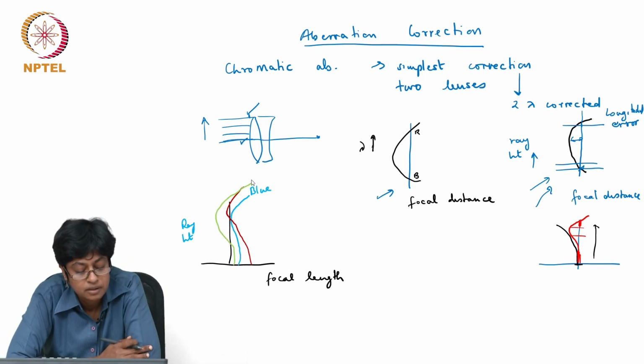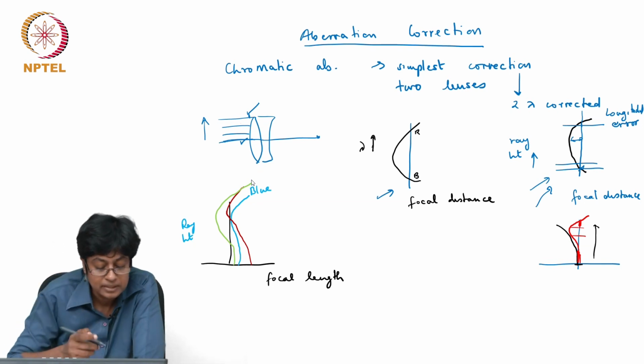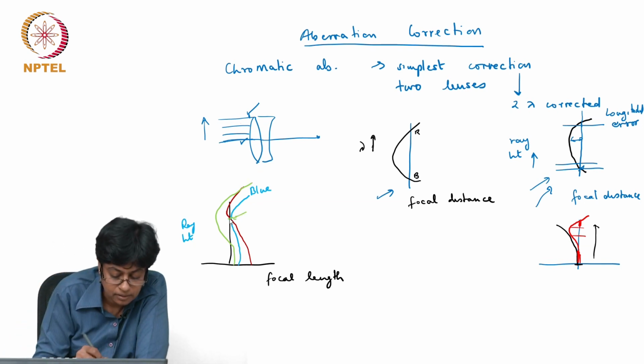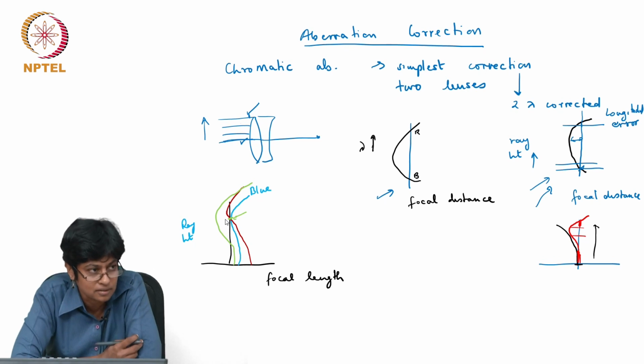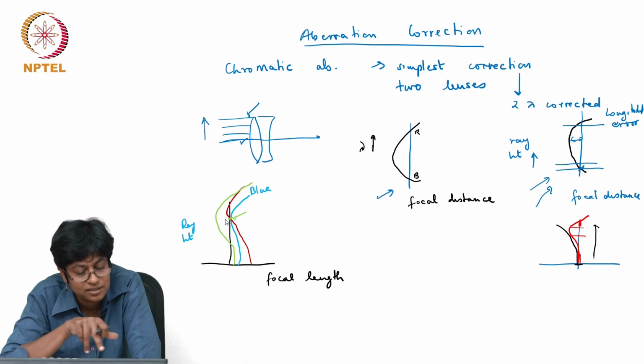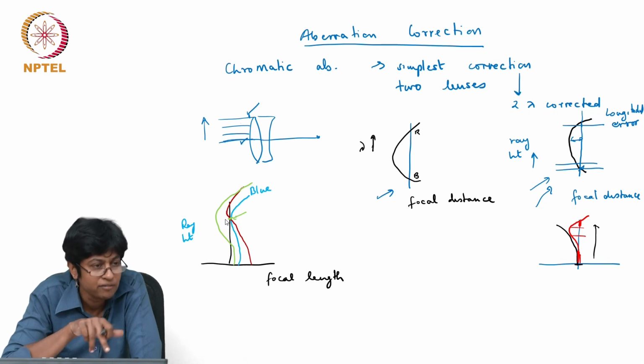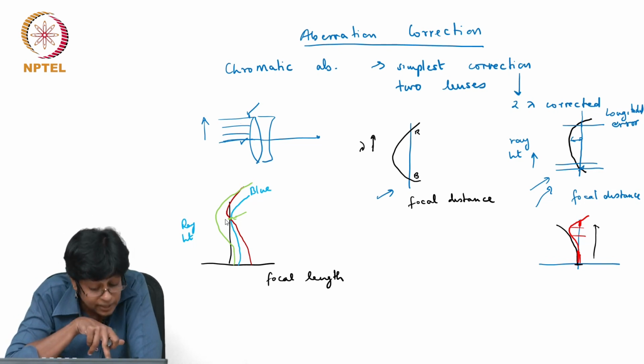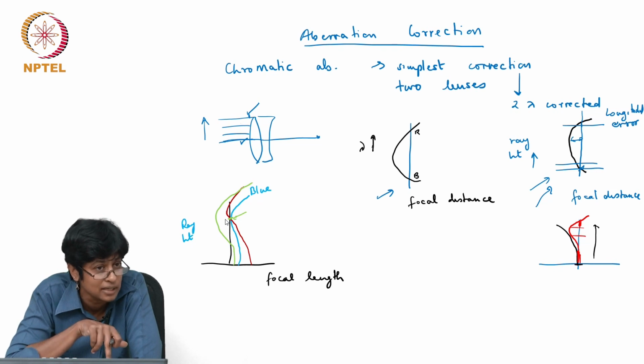You can see this point here, red and blue are corrected. They have the same focal length. So for those height rays, those two wavelengths have the same focal length, but for any other set of rays falling on the lens, they have different focal lengths.